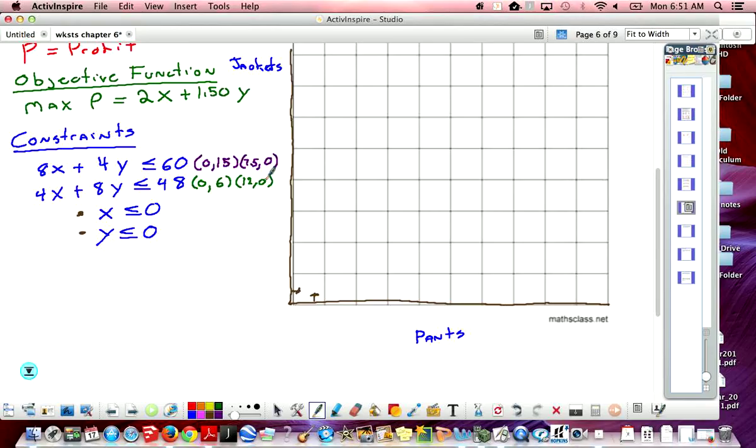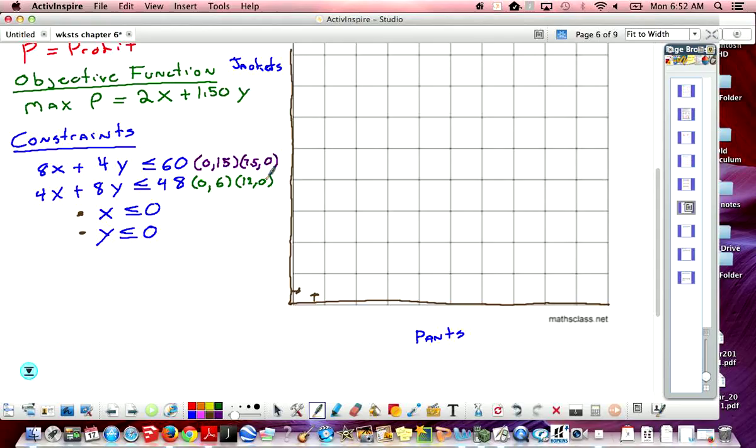So now, when I look at this and I start to scale it, I can see that my biggest number here on the y is 15. For the x, it's 12. So depending on how you want to scale and how big you want to get, since I really can't count by ones because I believe my grid is like 10 by 10, I might count by, in this case, 2s.